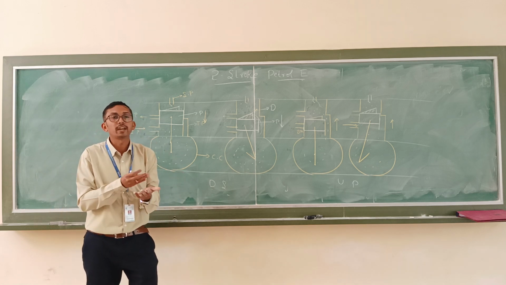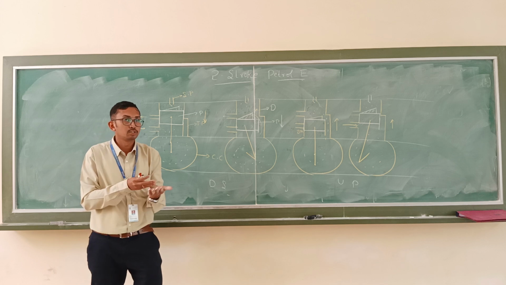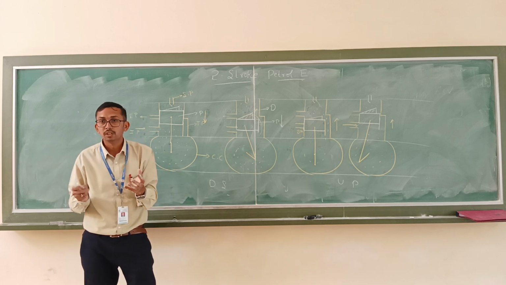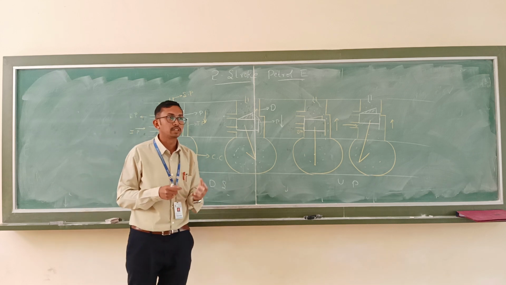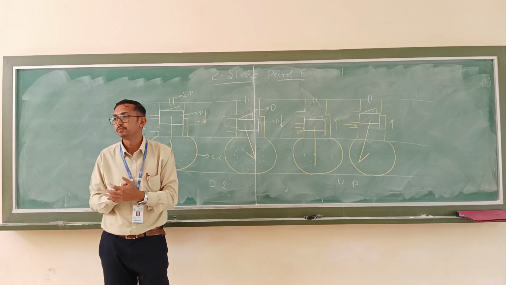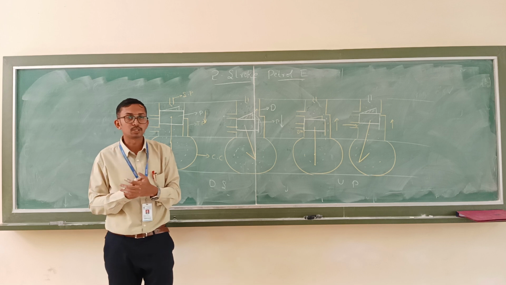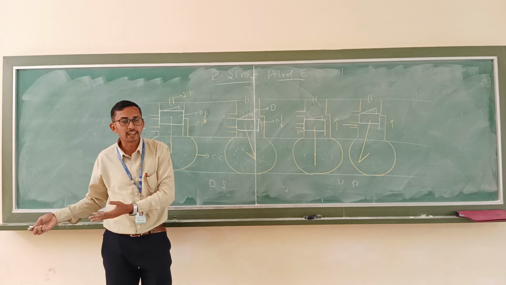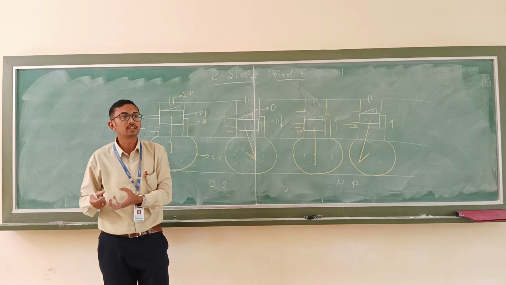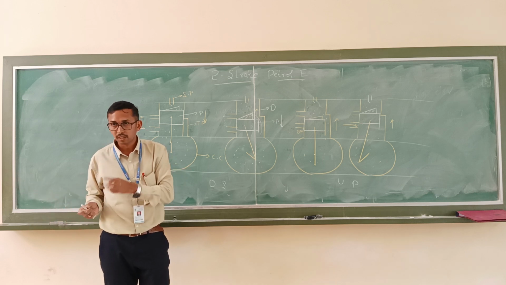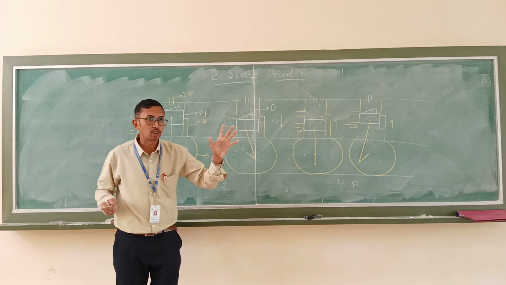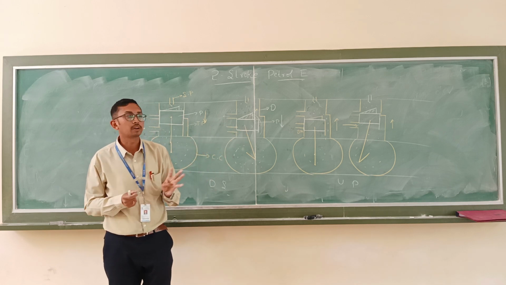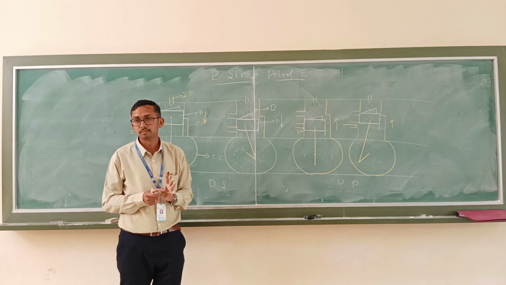So nowadays also you can observe that many times four-stroke engines will be exhausting white gases. Why? Due to incomplete combustion. So that's why you should be very careful. When the exhaust from your vehicle nowadays is white in color, definitely you have to go to the mechanic shop and get it checked, because there will be improper combustion in your engine.